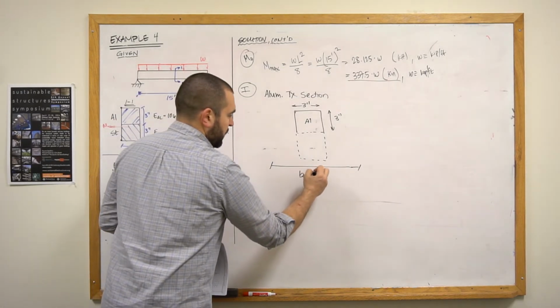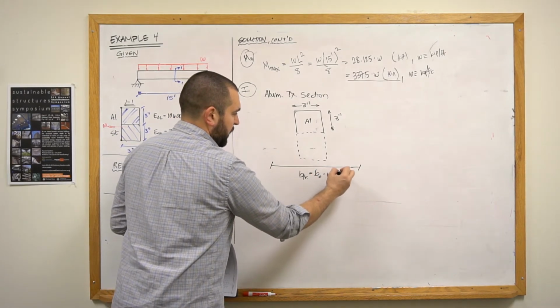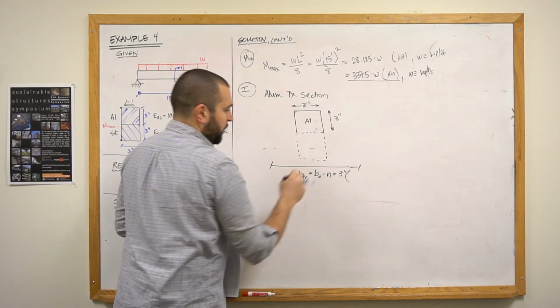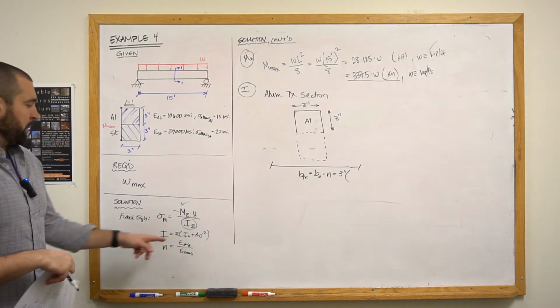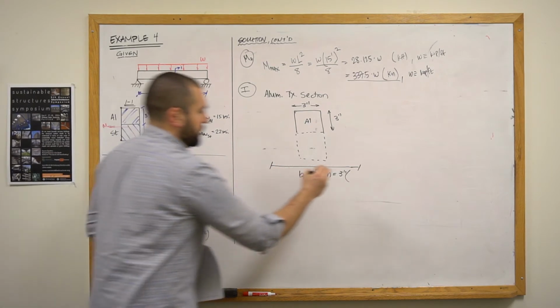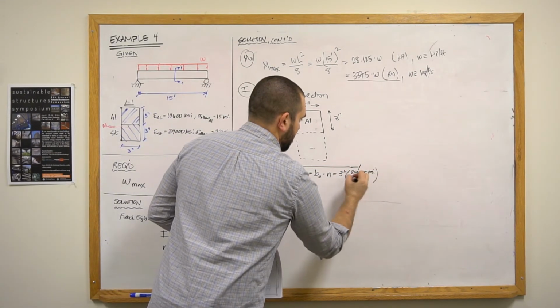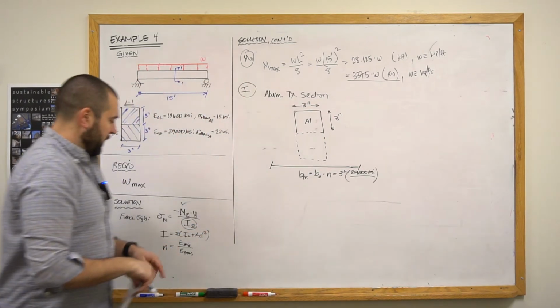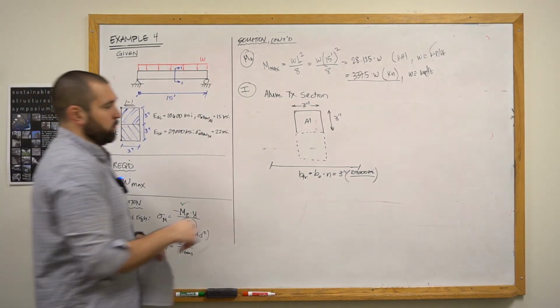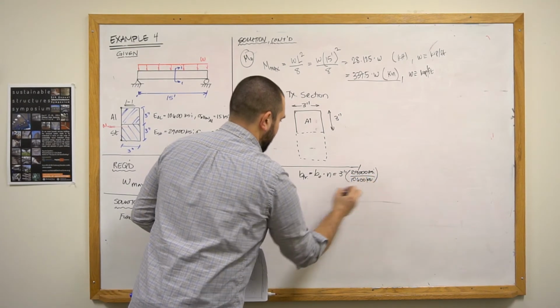It's going to be equal to b original times that modular ratio, which would be 3 inches originally times the modulus of elasticity of the original material, which is steel, 29,000 ksi, divided by the modulus of elasticity of the transformed material, which was aluminum, 10,600 ksi.